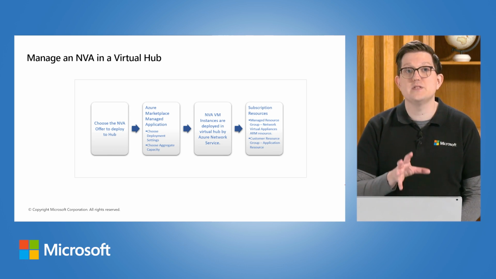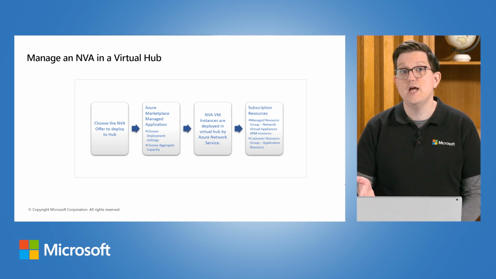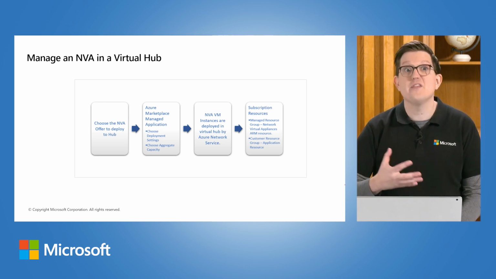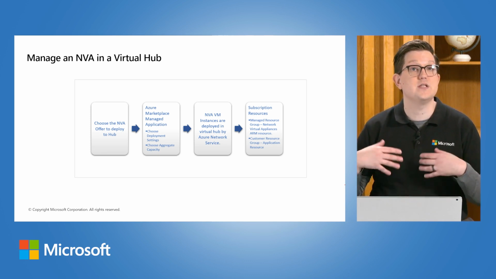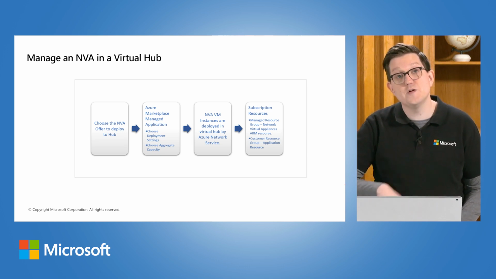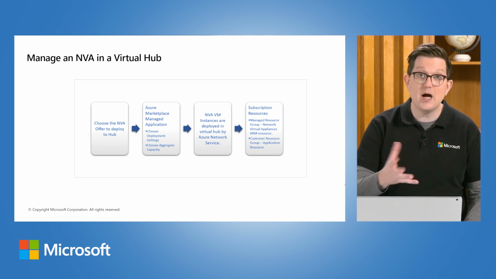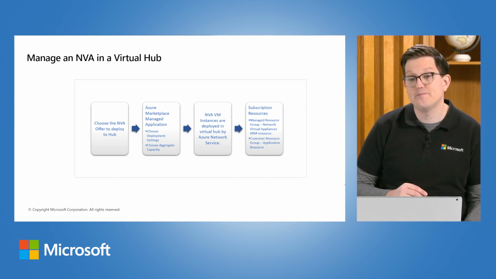Ultimately, all of it comes down to picking the vendor offer that makes the most sense for you. Network virtual appliances are third-party appliances, and these vendors have created managed offers that you can deploy into the environment and then configure. So your first place is going to be going to the marketplace in Azure to pick the right thing for your environment.